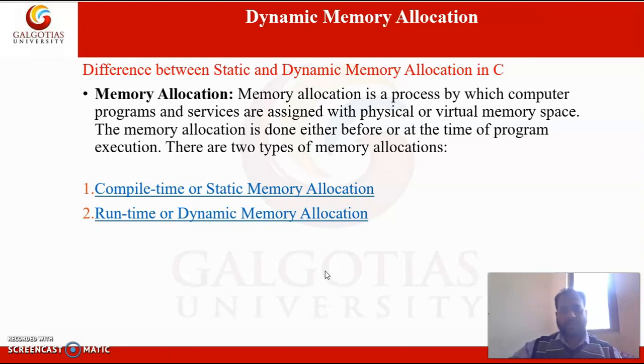Basically, two types of memory allocation are possible in the computer. The first one is compile time or static memory allocation, and the next one is runtime or dynamic memory allocation.